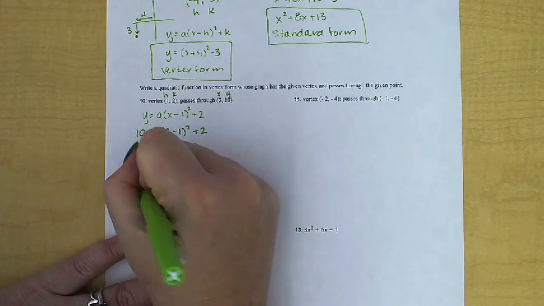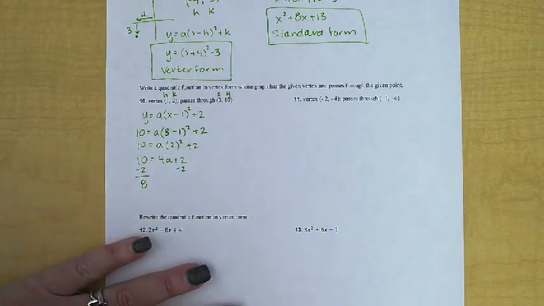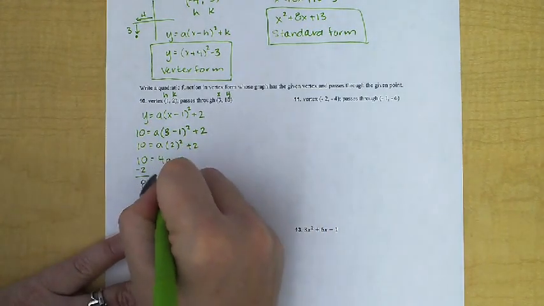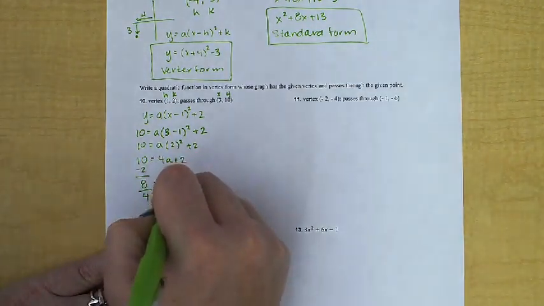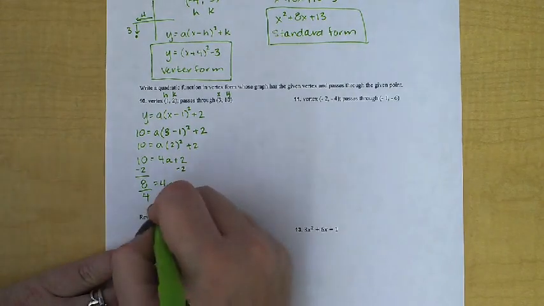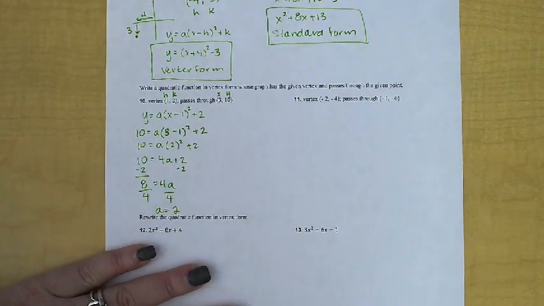Take that 2 from both sides. That gives us 8 equals 4a. Divide both sides by 4, and we get a equals 2.